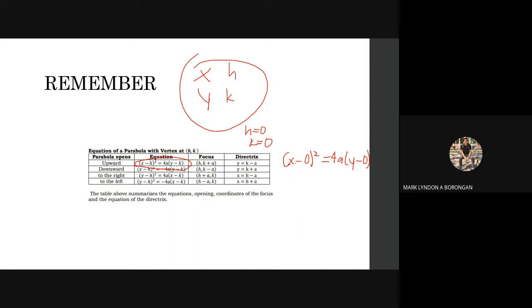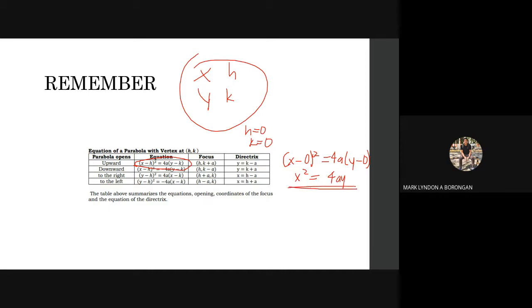So x minus 0 is just x, and the square remains, so it is just x squared. Then y minus 0 is still just y. So, 4ay. That's all.